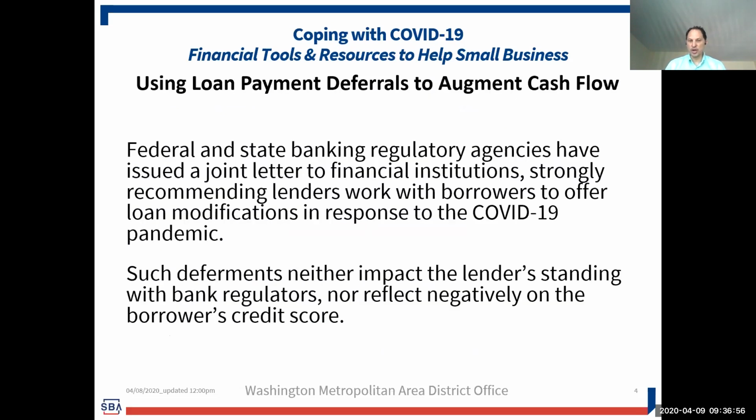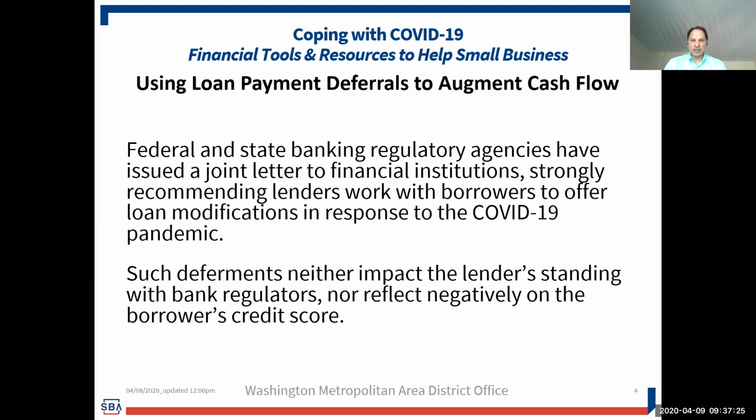First thing, using loan payment deferments to augment cash flow. Obviously, if you don't have to make a loan payment, you keep more cash, and that can help you keep the business solvent while revenues are down for whatever reason, whether you're shut down or just business has slowed down. So the federal and state banking regulatory agencies have issued a joint letter to financial institutions recommending they work with borrowers to offer loan modifications.